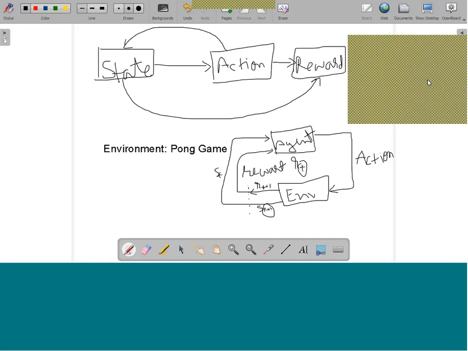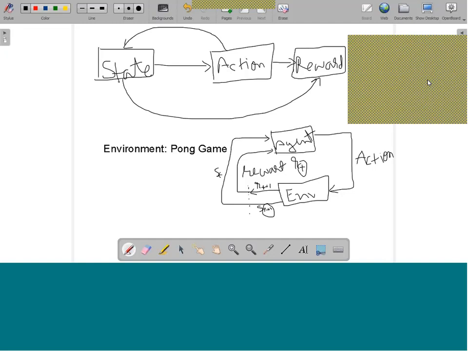If you want to write the definition of reinforcement learning, you can write: reinforcement learning is learning what to do, how to map situations to actions, so as to maximize a numerical reward signal. All these steps I have already covered.